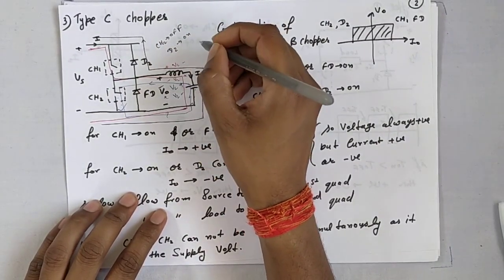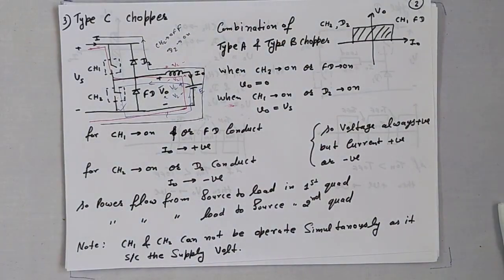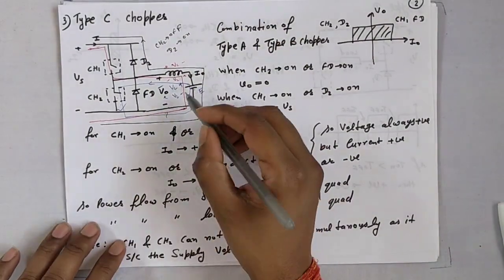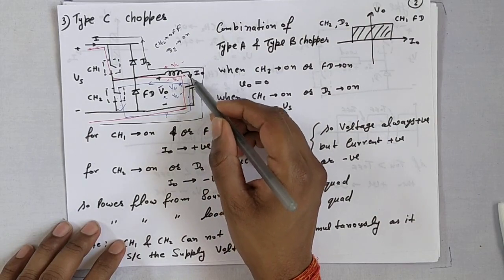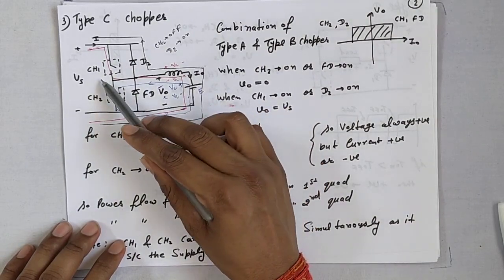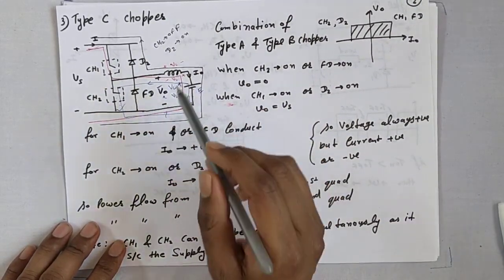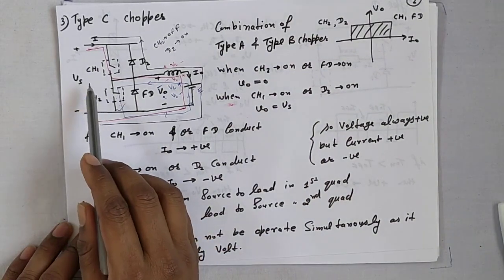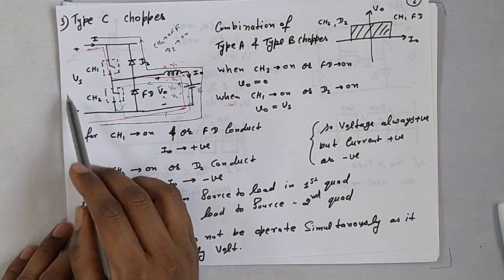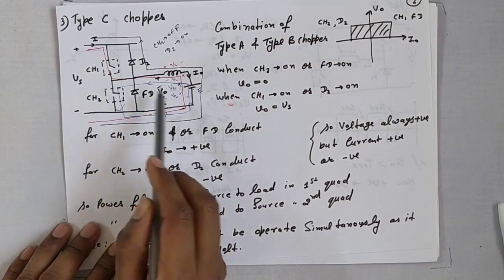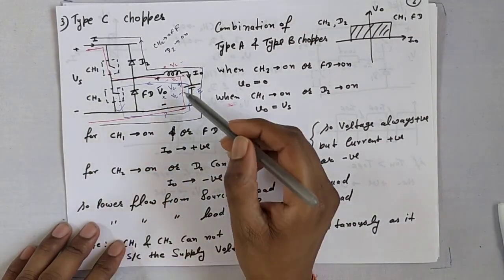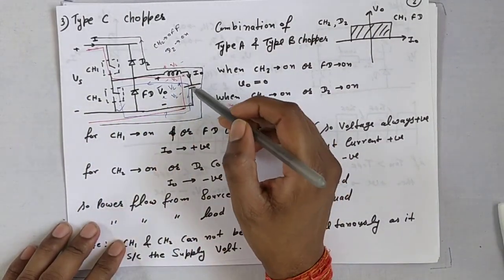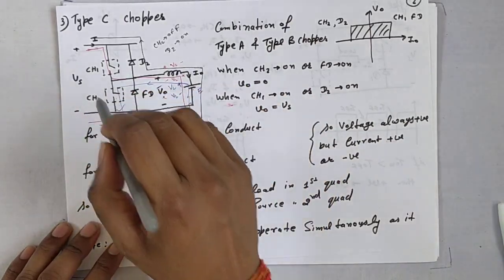In this condition, power flows from load to source. When CH1 is on, power flows from source to load. When CS2 is on, power flows from load to source.